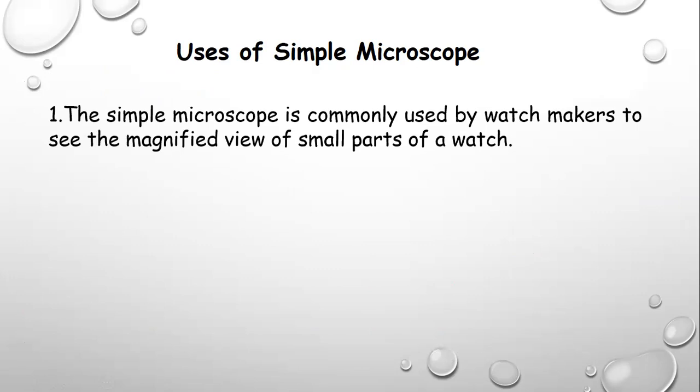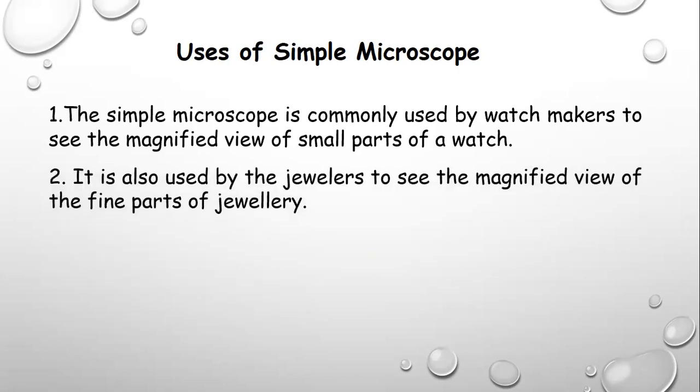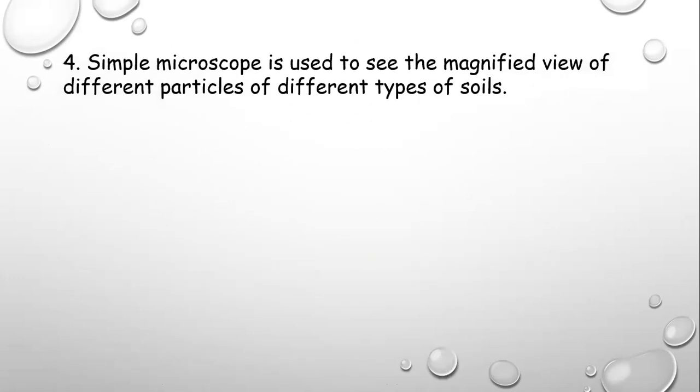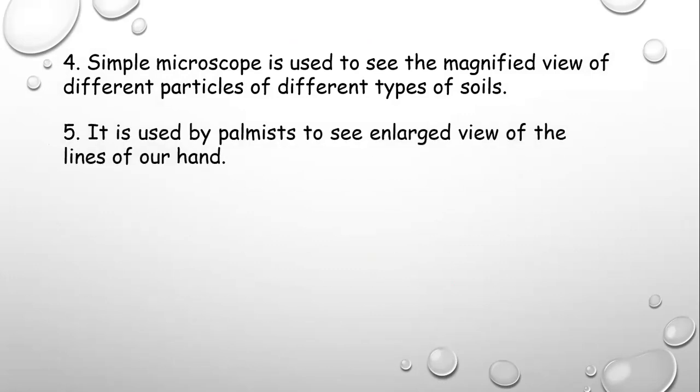The simple microscope is commonly used by watchmakers to view the magnified view of the small parts of watches, and by jewelers to see the magnified view of the fine parts of jewelry. It is used to see the enlarged images of the letters of books, textures, and other things. It is used to see the magnified view of different particles of different types of soils.